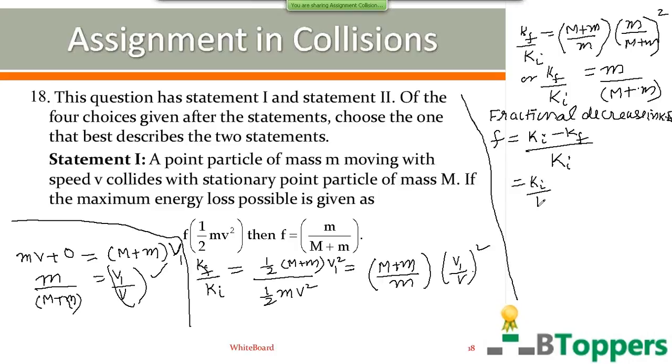This you can write as Ki by Ki minus Kf by Ki. You can substitute Kf by Ki equal to small m by capital M plus small m. So this is 1 minus small m by capital M plus small m.